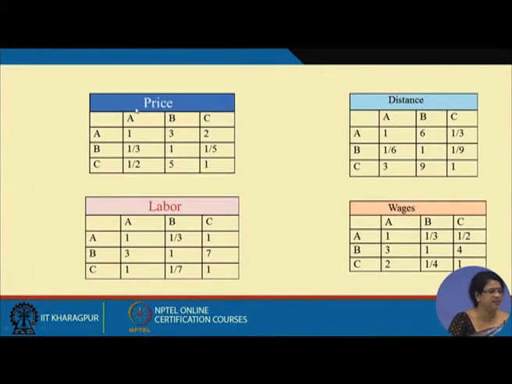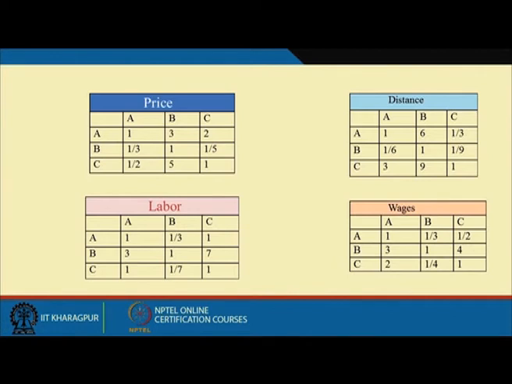Now, if I draw this with respect to 4 criteria: one criterion was property price, another was quality of labor, distance from supplier, and cost of labor.